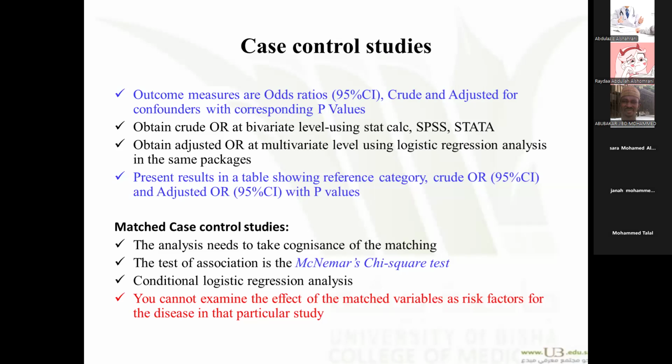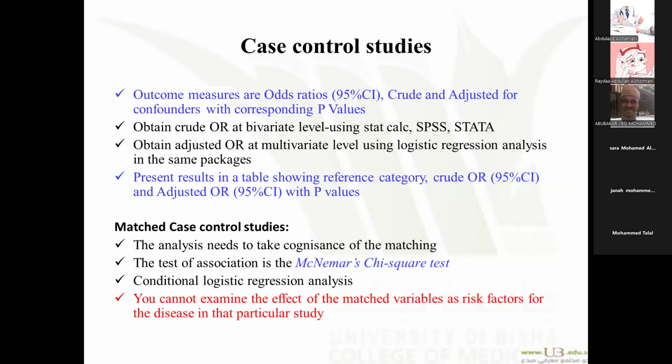After getting the crude odds ratio at bivariate level, now you do the adjustment. Put the variables into the regression equation. So try to obtain the adjusted odds ratio at multivariate level with each of the variables having its own effect.